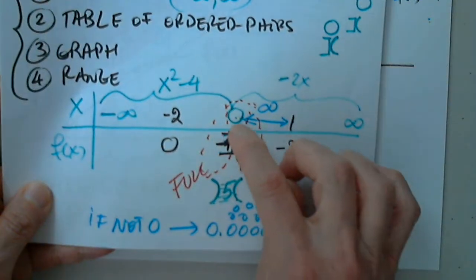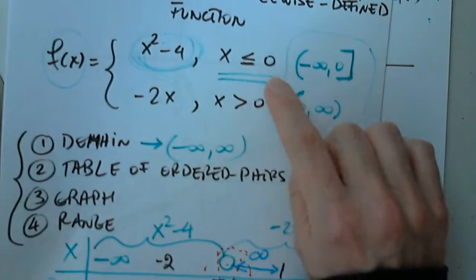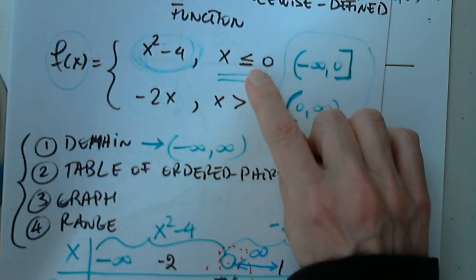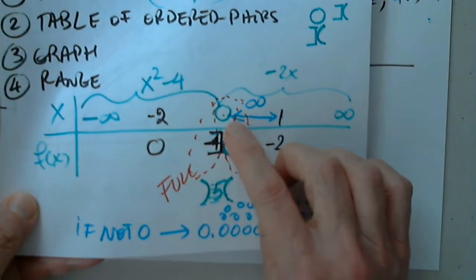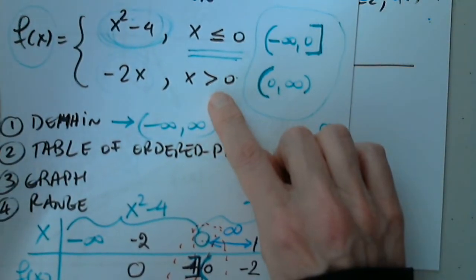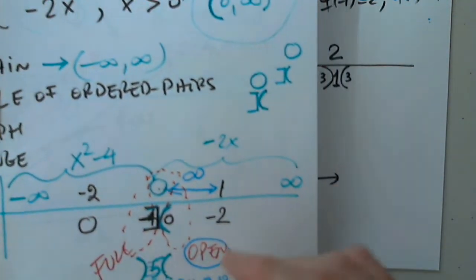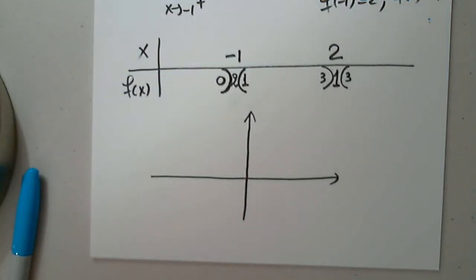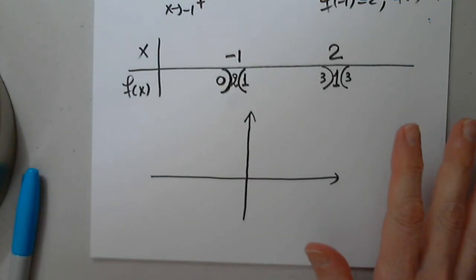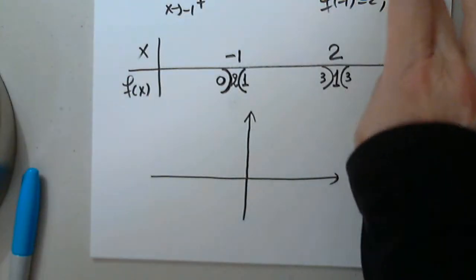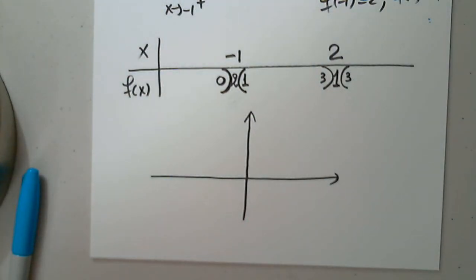So I have the bracket when I have the equal symbol. So I have the parenthesis when I don't. If it's not given to us, you can create your own. They don't care what else we add in here. They only care that these conditions are in.